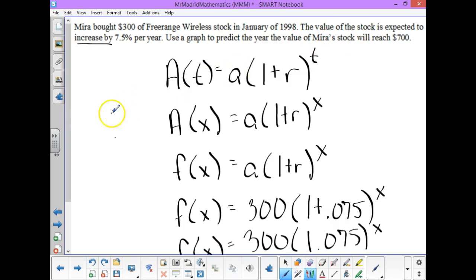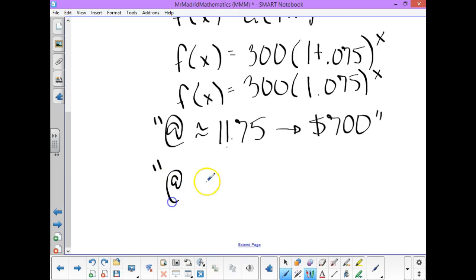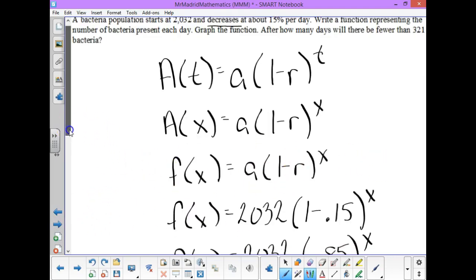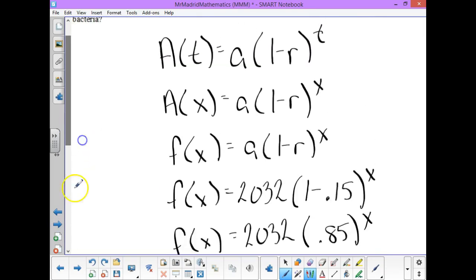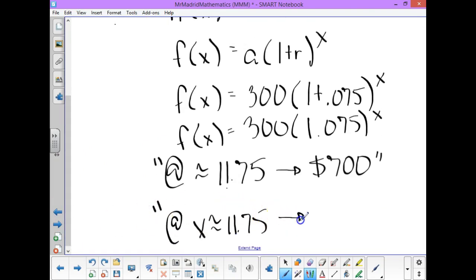So we'll reach $700. Okay. So at X approximately 11.75. Let's see what I wrote down here. Then y is in this case equal to roughly, I should probably say roughly 700. Okay. So by the way, this is a notation that we'll work with moving forward.